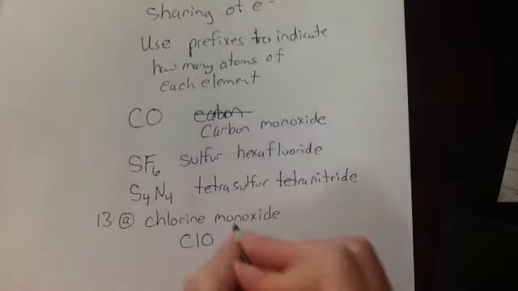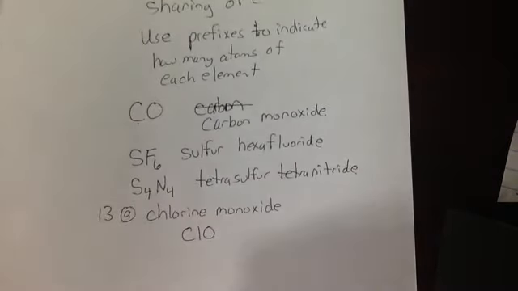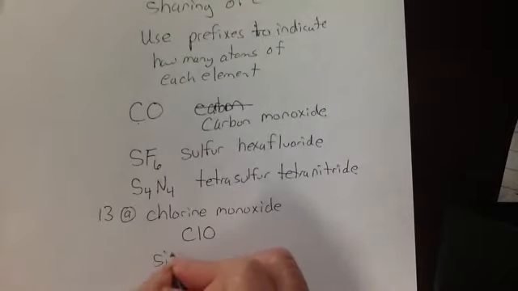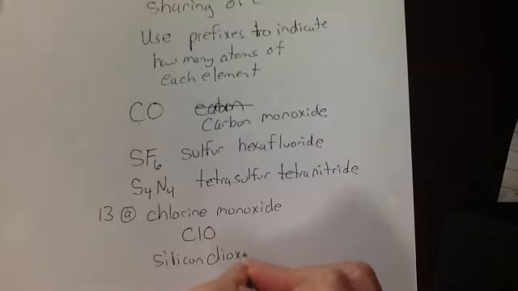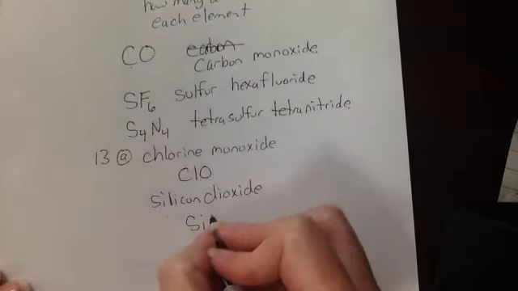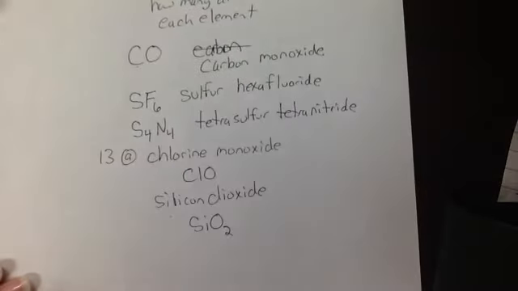And you have oxygen, which has mono as a prefix, so that means you get one. You could have silicon dioxide. Silicon is Si, there's no prefix, so it's 1, and then oxide, O, that di means 2, silicon dioxide.